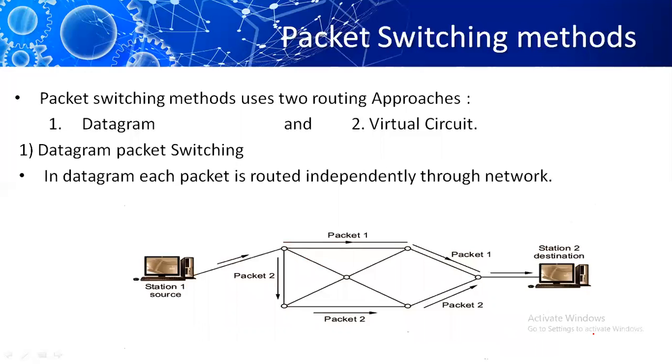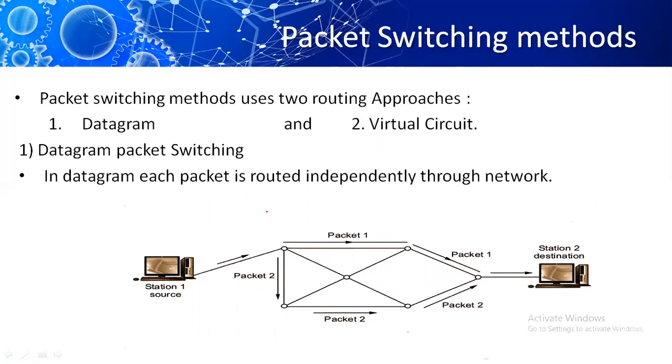In packet switching methods, there are two popular routing approaches. The first approach is the datagram approach, and the second approach is the virtual circuit approach. In datagram packet switching, each packet is routed independently through the network.